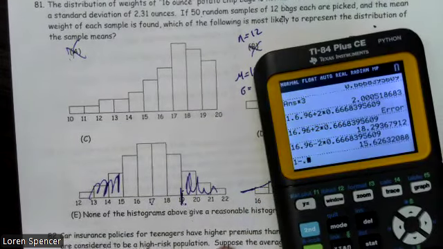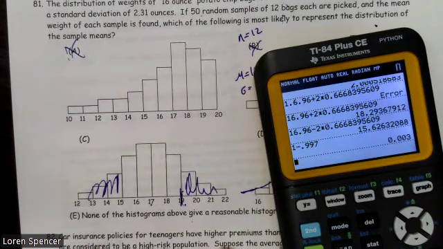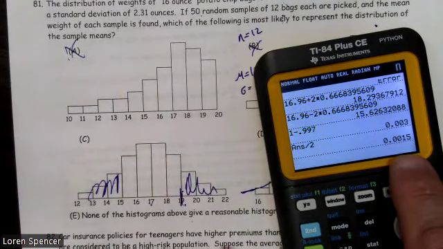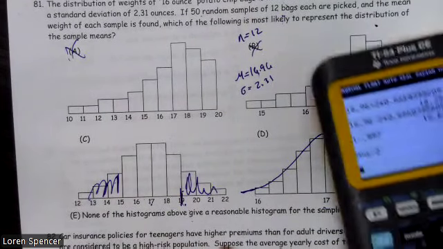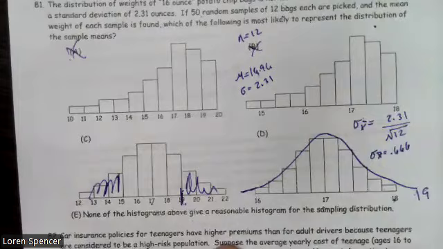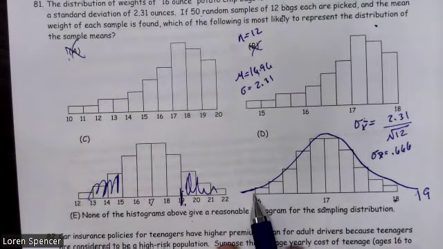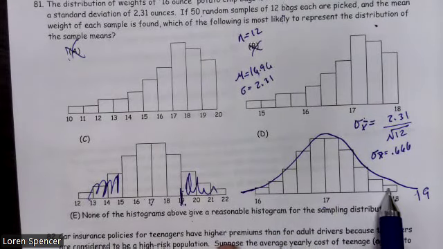So 1 minus 0.997 divided by 2, that means we'd only have 0.0015. We're not going to have very much here. So this is probably our best estimate.